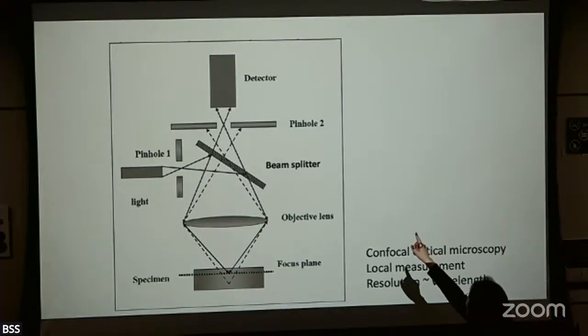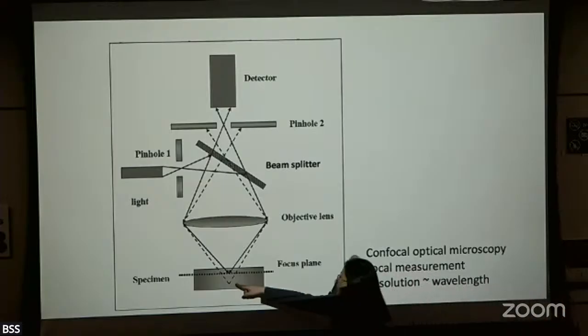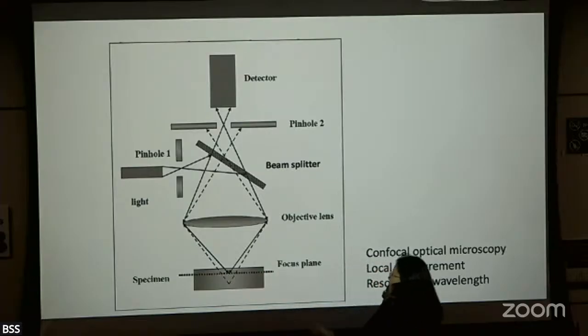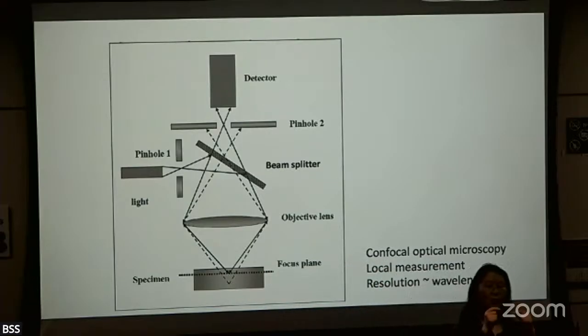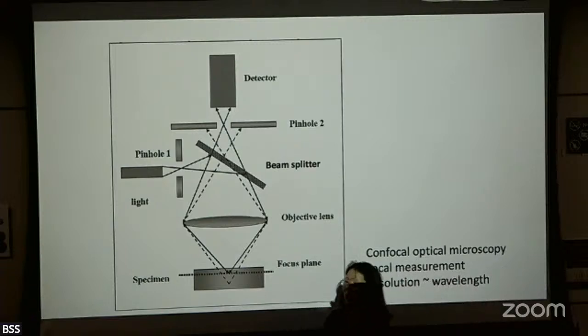But there's this pinhole. So this is why it's called a confocal. If you have light emitted or reflected from other spots other than your focal plane, it will be blocked by the second pinhole. Okay. And so this is a reflection measurement, and you can also do transmission.